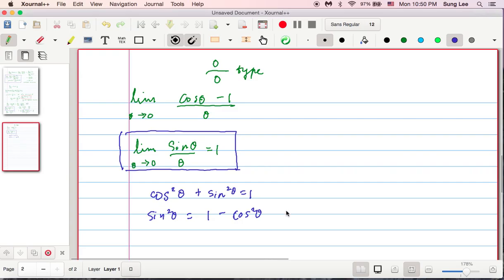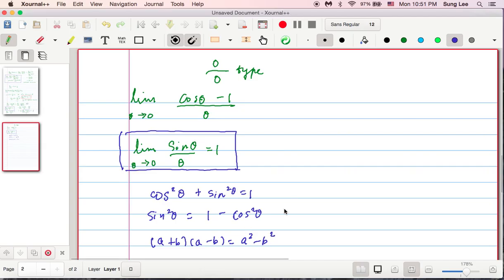But we don't have that. We don't have 1 minus cosine squared theta, but what we have here is cosine squared theta minus 1. So here's another thing you will have to remember: the basic formula, A plus B times A minus B equals A squared minus B squared.